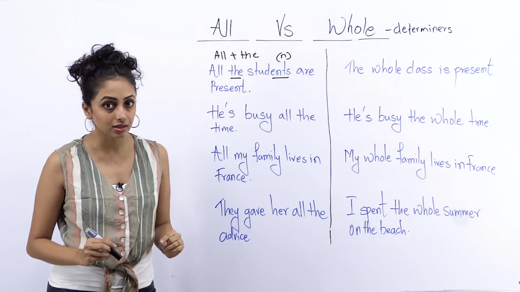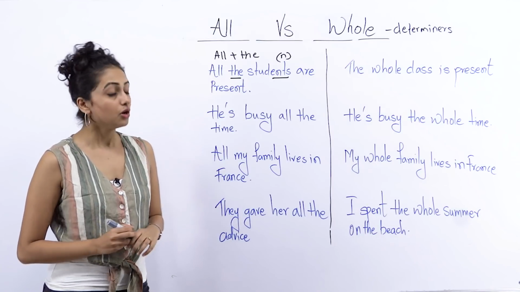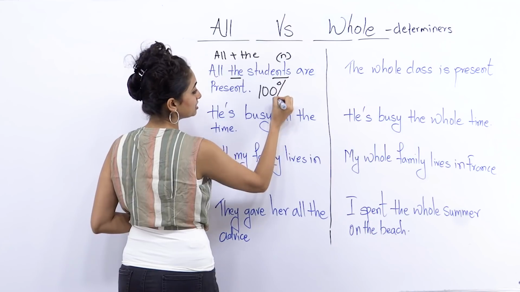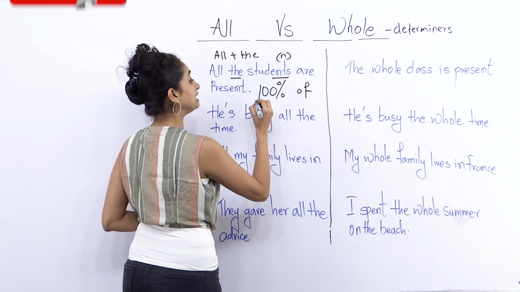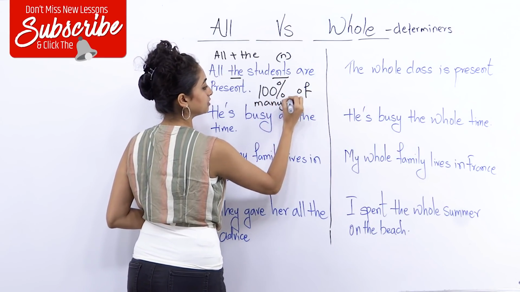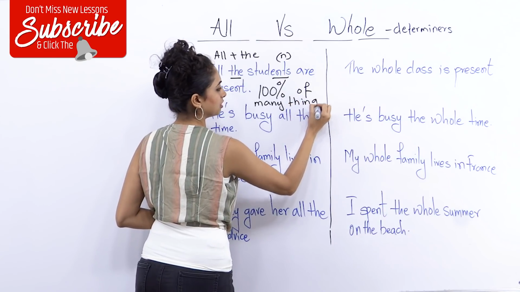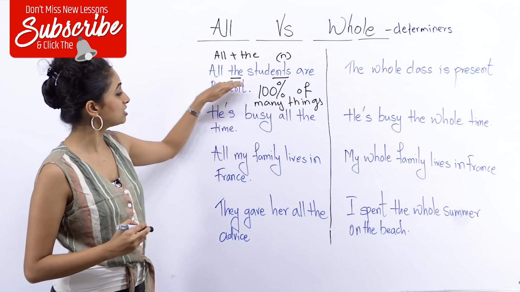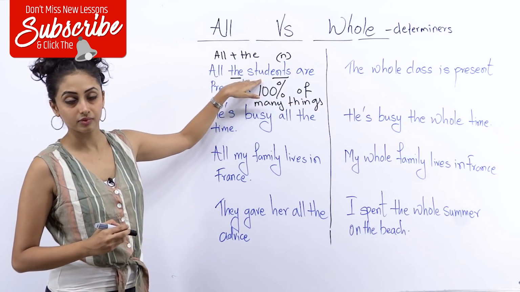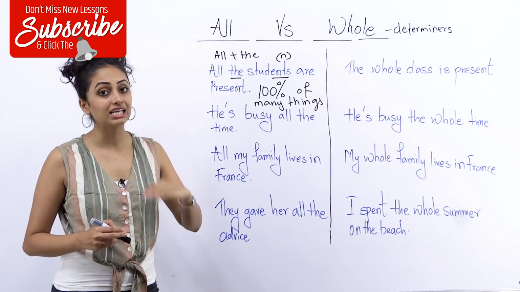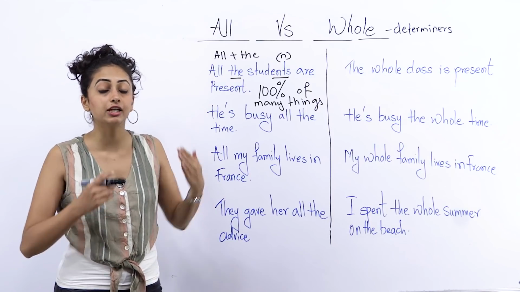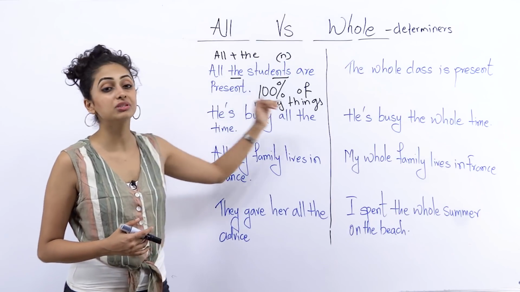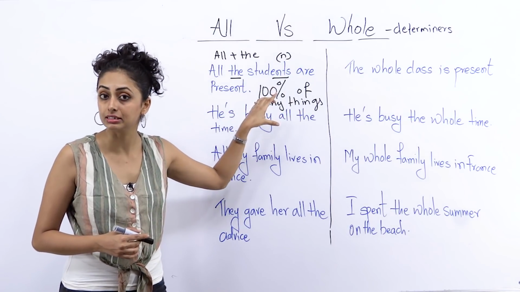That means when we talk about all, we are actually talking about 100% of many things. Now, obviously, the reason why I'm saying many things is because students 1, 2, 3, 10, 20, 15, all 50 students are present. 100% of many things and they're present.